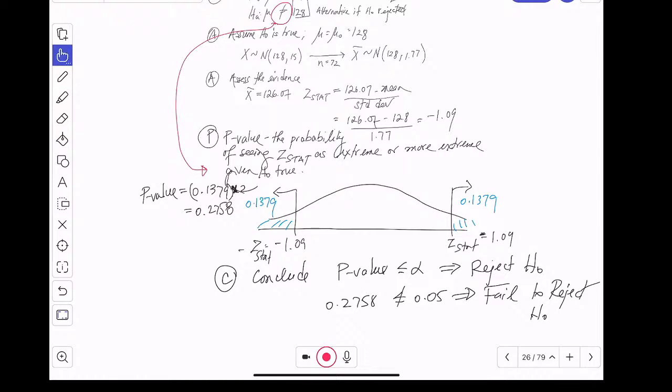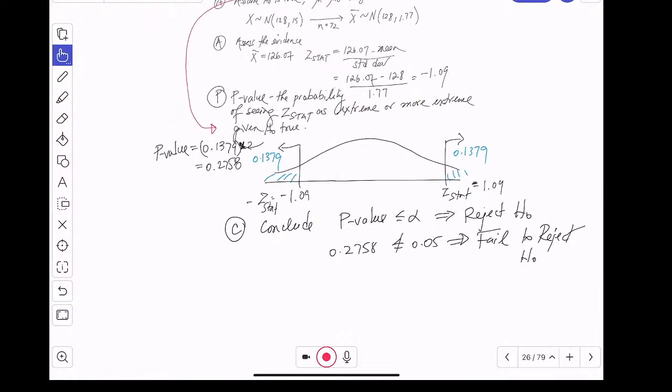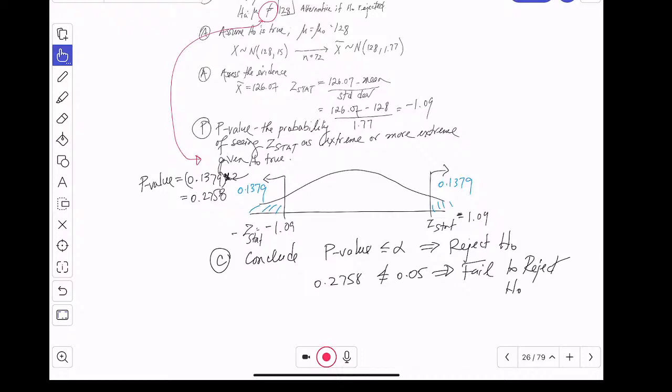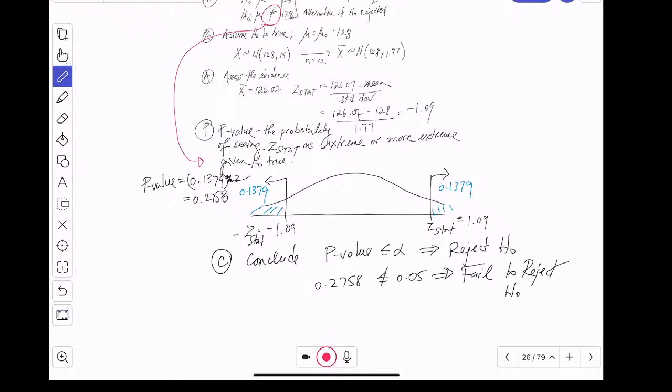The test is not significant. There is no difference. I'm making short statements, but they're a little longer in the notes. All right.